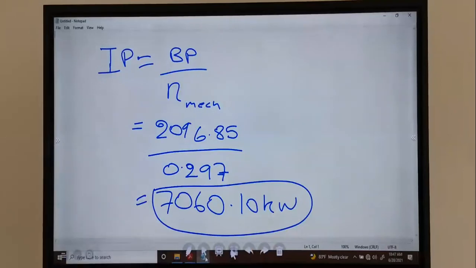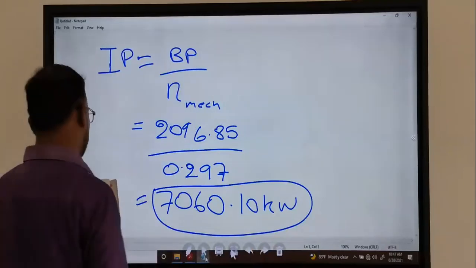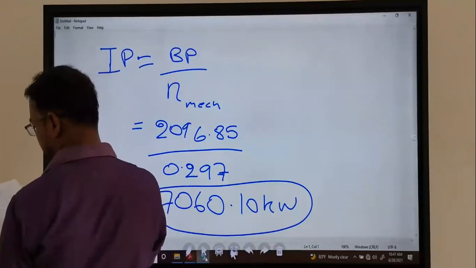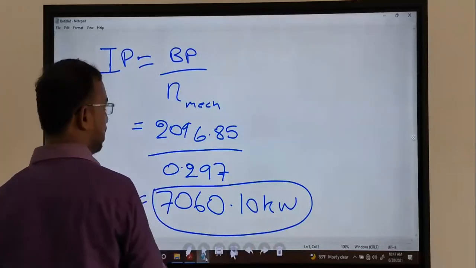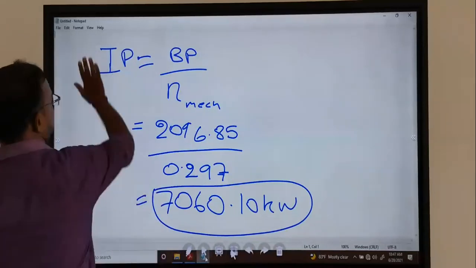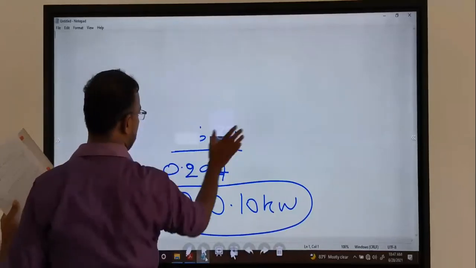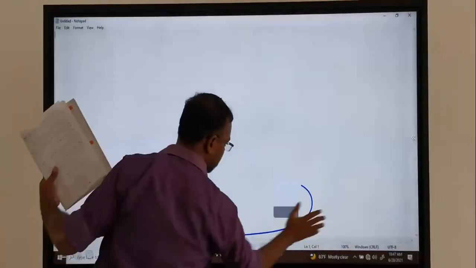So now we know the indicator power, we substitute this answer into the indicator power equation, then we find the indicator mean effective pressure.